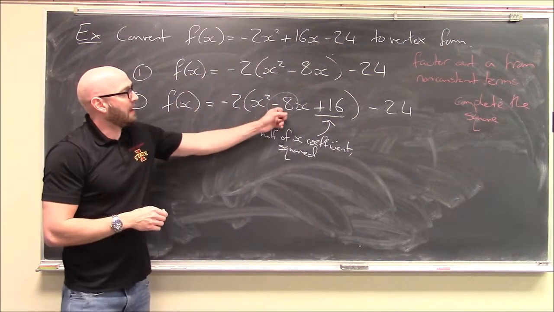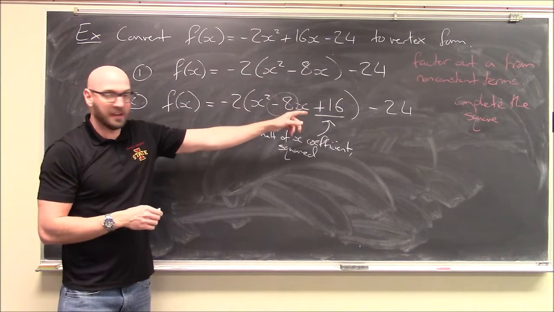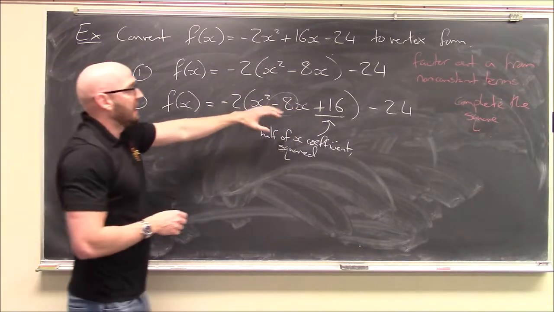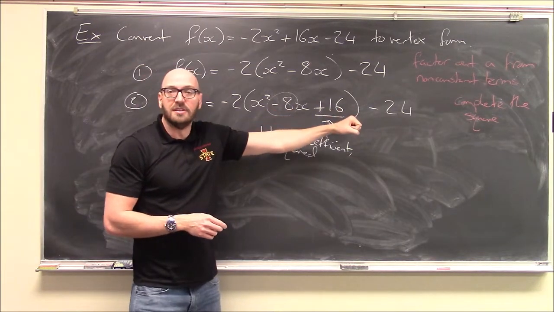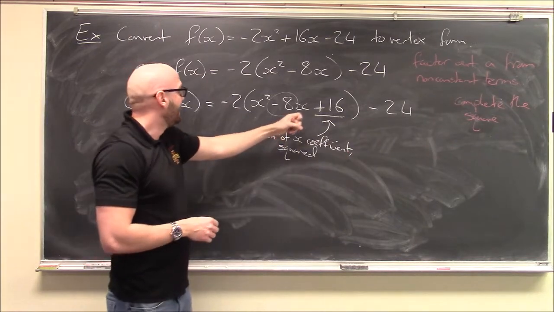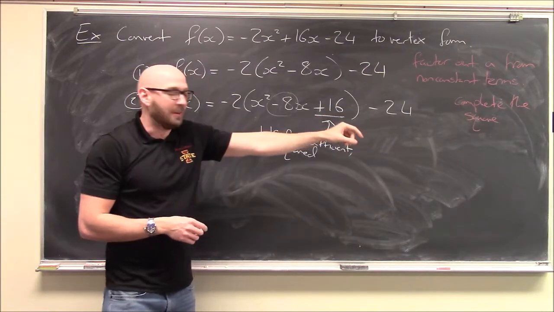Alright, so we took half of minus 8 to get minus 4, squared it to get 16. Now here's the other problem. I need to balance this out. I can't just go adding numbers to my function and not expect to change the value, right? If I add this, I need to subtract it off as well.